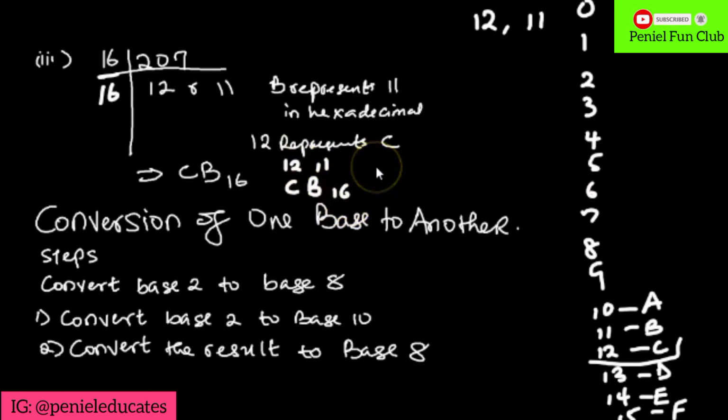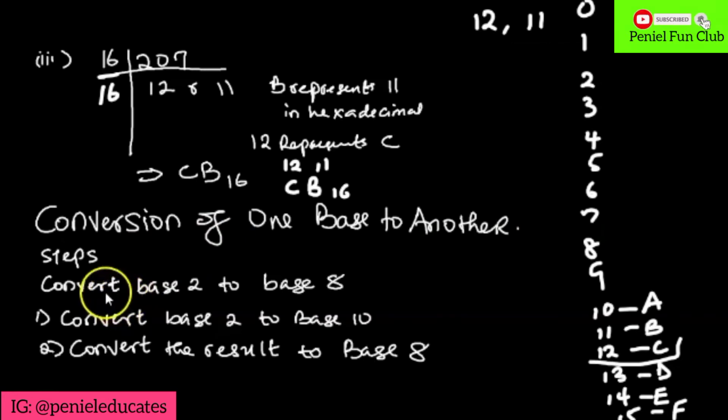So that is how to convert numbers from base 10 to hexadecimal, which is another base. So if we now need to convert a number from one base to another, one of the best ways to do that is to just convert.